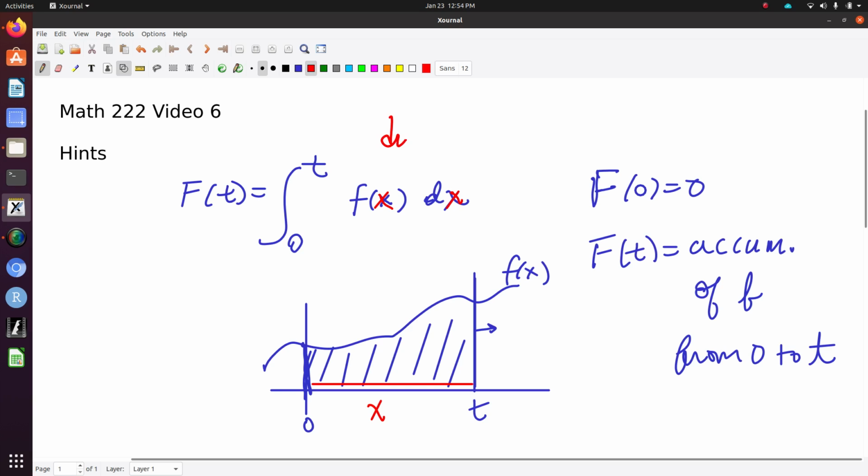They literally call it a dummy variable of integration, and that's just what we call it. It could be anything you want, but we make it different from the other variable to distinguish it from the variable of what comes out. That variable is t.